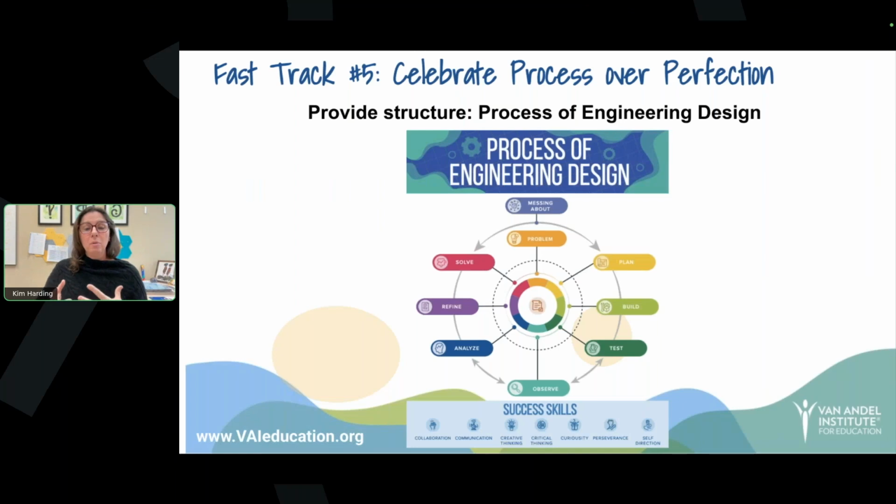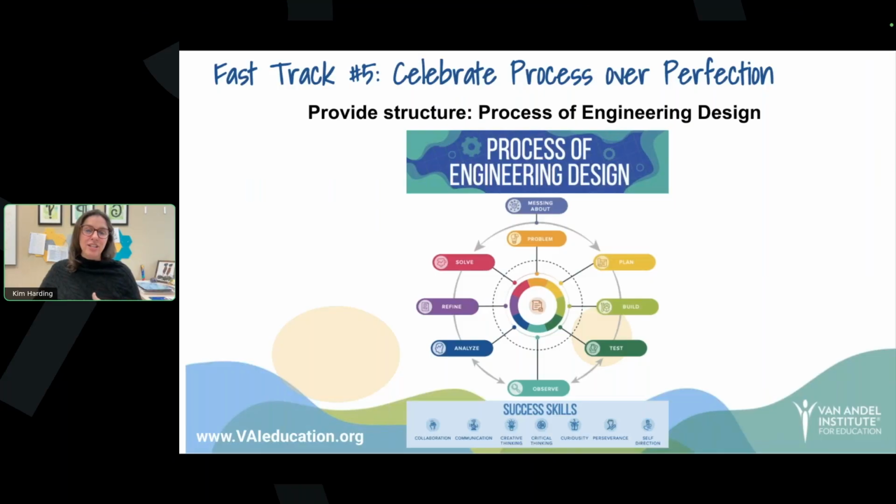But many of you are probably familiar with the engineering design process. So that process always starts with a problem or something to solve or a question, and then you work through that process with your team or even on your own by making that plan and then having that plan come to life, testing it out. Does it work the way you wanted it to work?